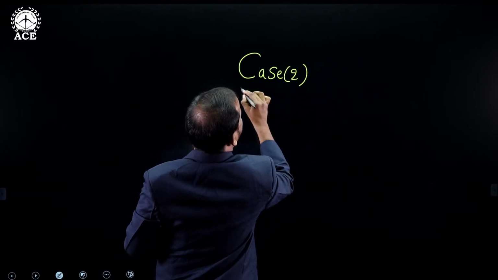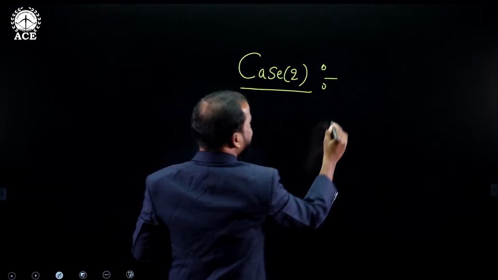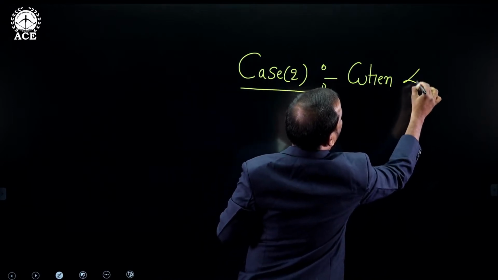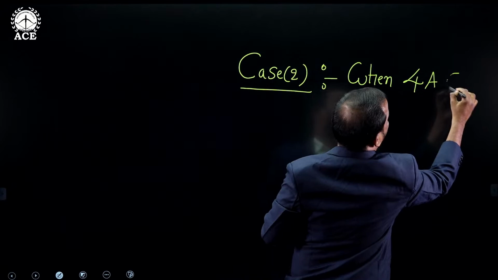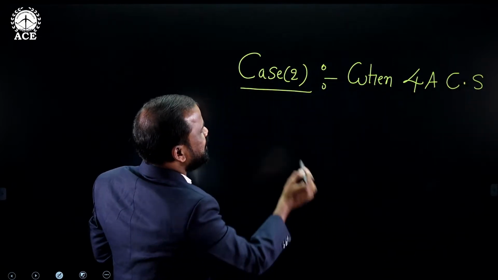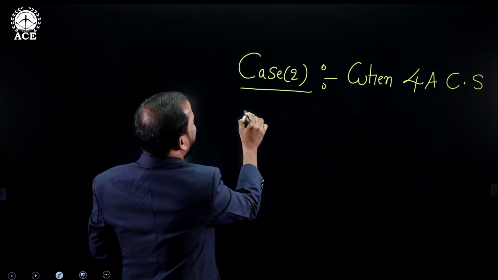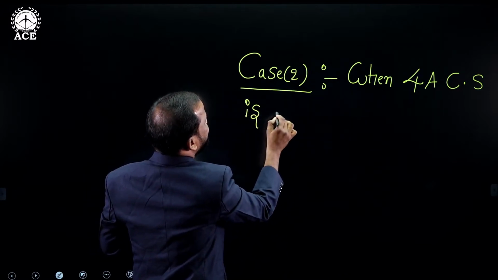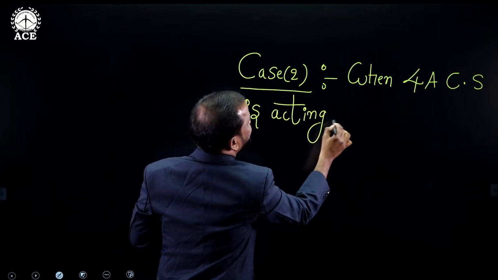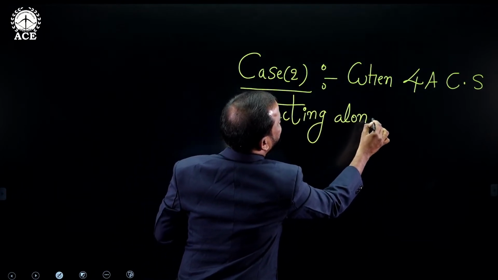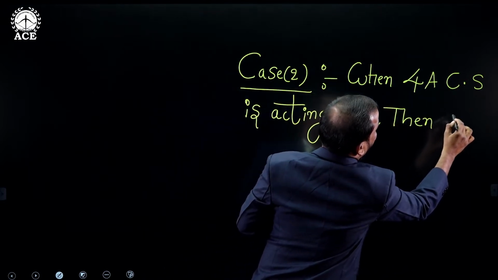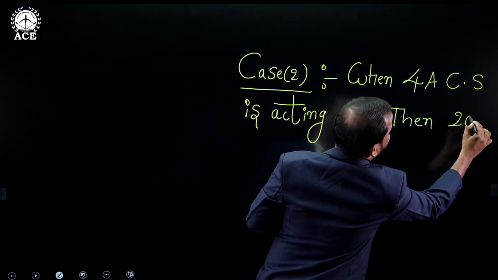So case number 2 is when the 4 ampere current source is acting alone. C.S. means current source, just assume. When the 4 ampere current source is acting alone, then what is the value of voltage?